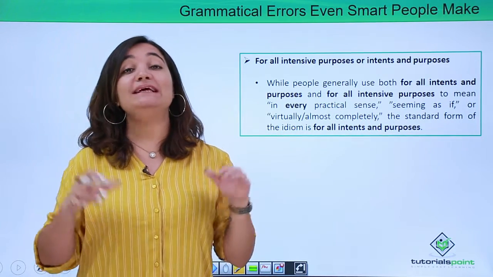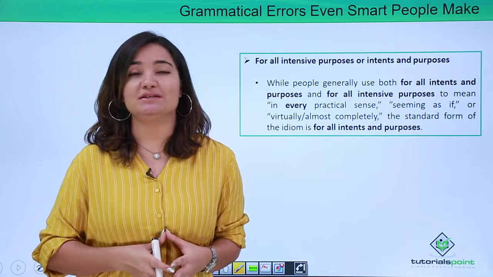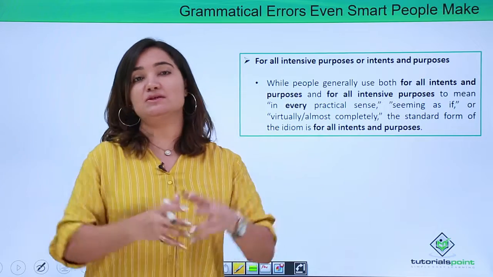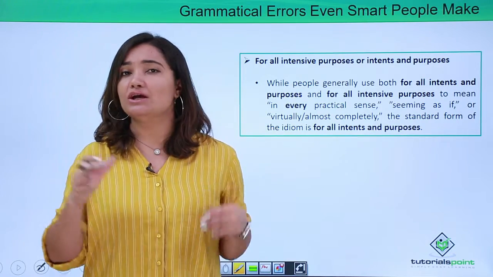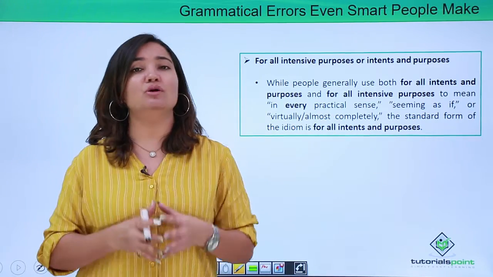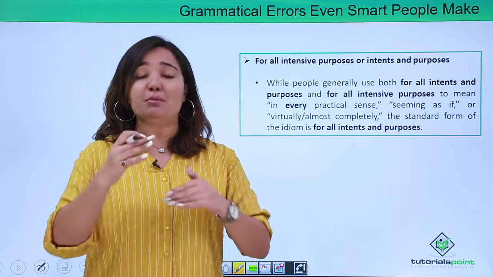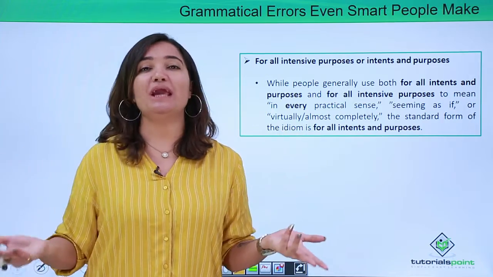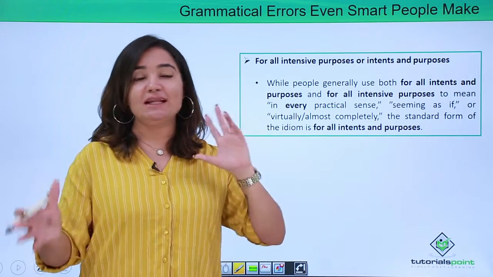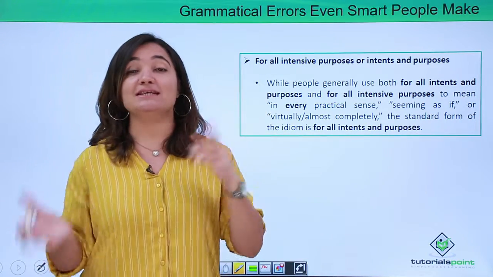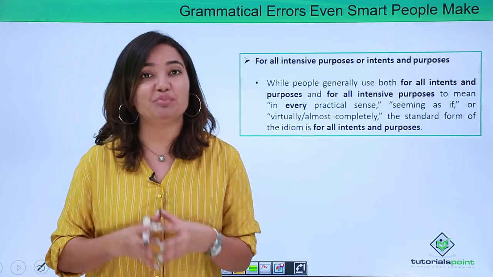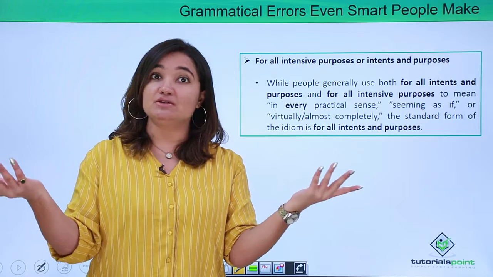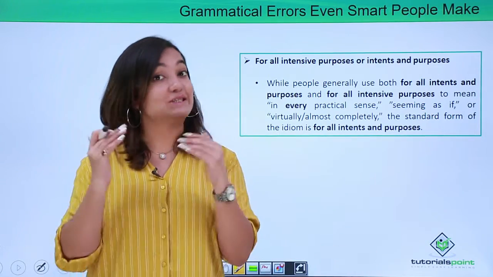Let us suppose any person in your office used this expression and you heard him or her. Because both of these expressions sound so similar, we end up misusing it as "for all intensive purposes."